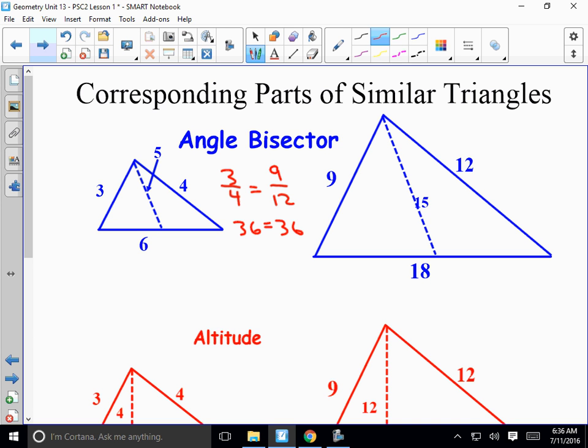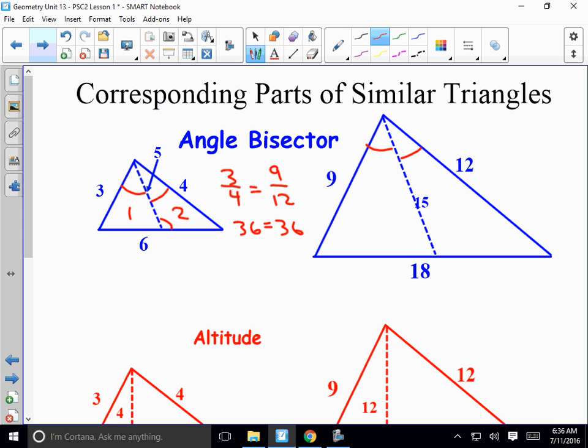So what we want to look at is, what do we know about these angle bisectors? In this case, these two lines through the middle are cutting these into equal angles. Now we can kind of tell that the triangles themselves are not similar, because when we're looking at triangle 1 versus triangle 2, even though we have the top angle the same, we can see that the bottom angles are different.